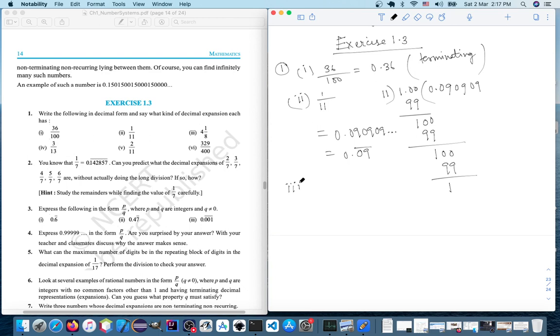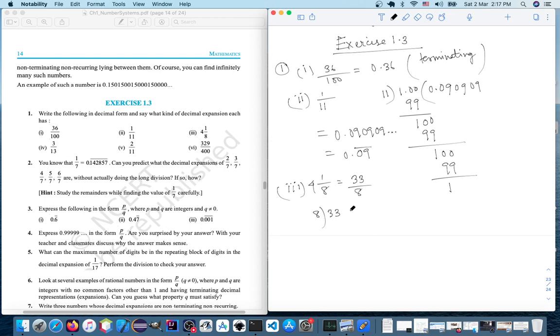The third is 4 1 by 8. This is a mixed fraction. If we convert it to a proper fraction, we get 33 by 8. Now let's do the long division.